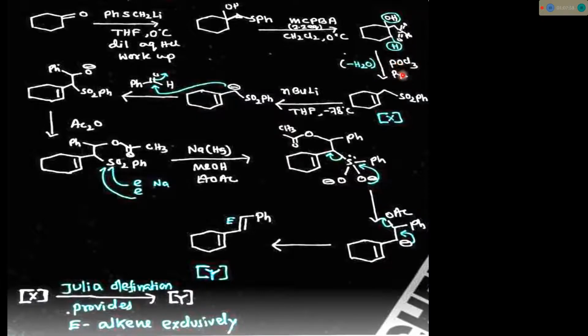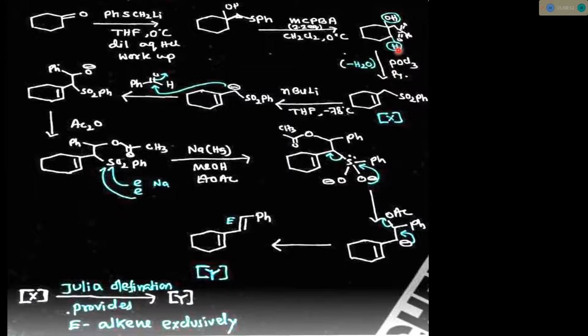Now POCl3 and pyridine. In that case, pyridine will first abstract one hydrogen from OH. This O minus will attack this phosphorus atom and one Cl minus leaves. Now the whole leaving group becomes OPOCl2.